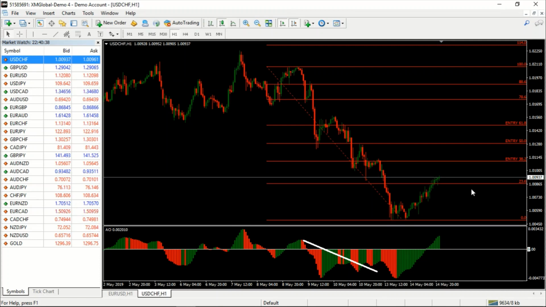One important thing the Fibonacci tool helps us with is that it helps us identify support and resistance areas. If your Fibonacci tool is drawn correctly with the help of your awesome oscillator, you will find that all these different lines or Fibonacci percentage levels form a support and resistance area where you can see the market makes small reversals or finds support and resistance.